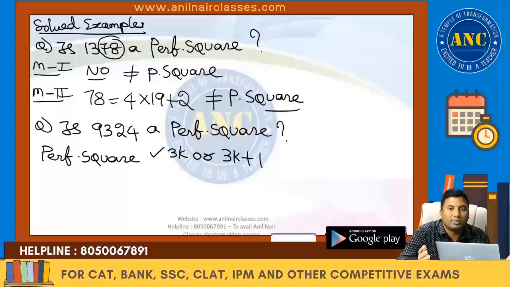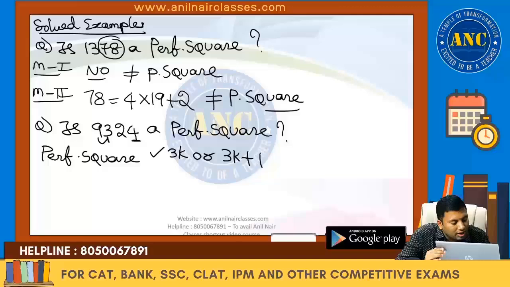When this concept is used, you take the number as 9324. A perfect square will always be of the form 3k or 3k plus 1, right? If it is of the form 3k or 3k plus 1, it may or may not be a perfect square. That is what I wanted to tell you.